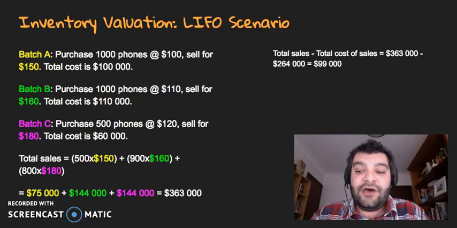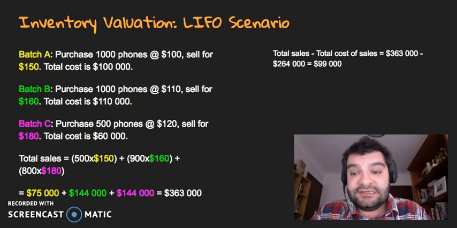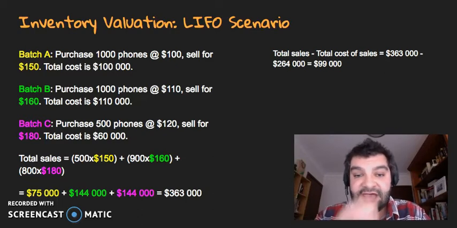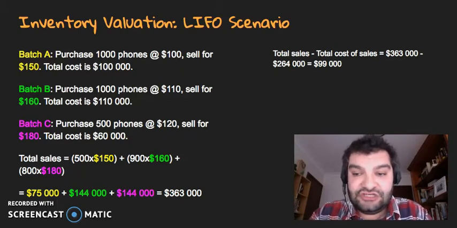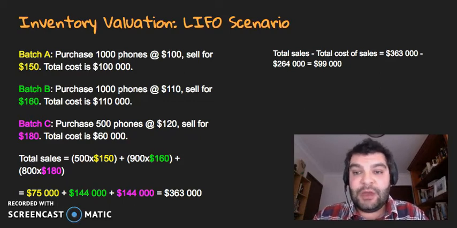Whereas in FIFO, which assumed that the first ones bought are the first ones sold, we used the first cost of $100, which gave us $220,000 as a total cost of sales. In LIFO, however, because we use the last cost recorded, which is $120, we've actually got $264,000 as a cost of sale.